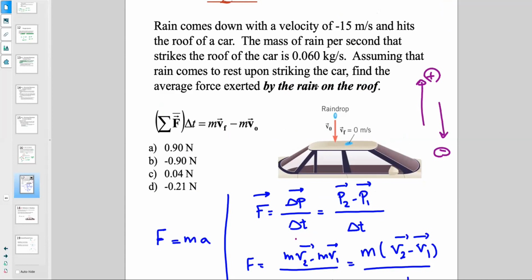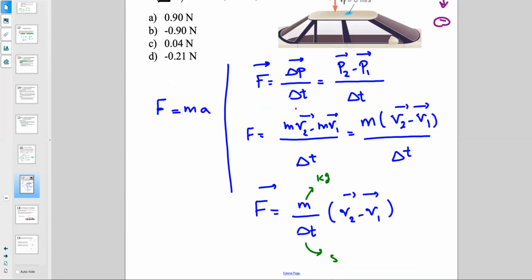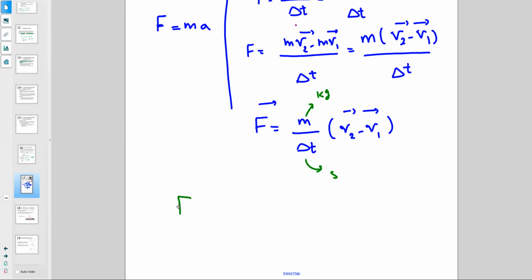So this value for m over delta t is 0.060. It will stop when it hits the car, so the final velocity v2 is 0, minus the initial velocity of negative 15 meters per second.